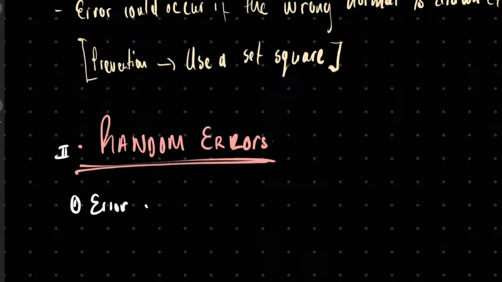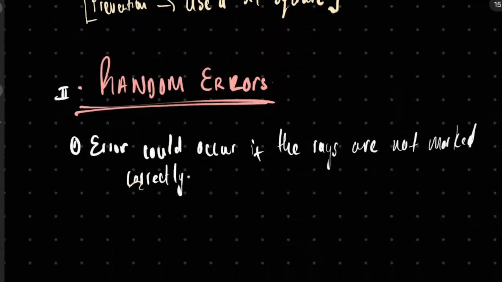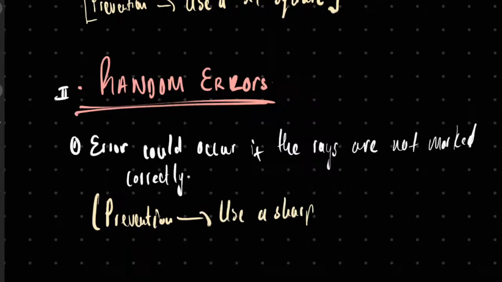Error could occur if the rays are not marked correctly. Okay? If the rays are not marked correctly. So if they ask you for sources of error, how do you prevent? Use a sharp pencil to rectify this error. Okay? Are we together?